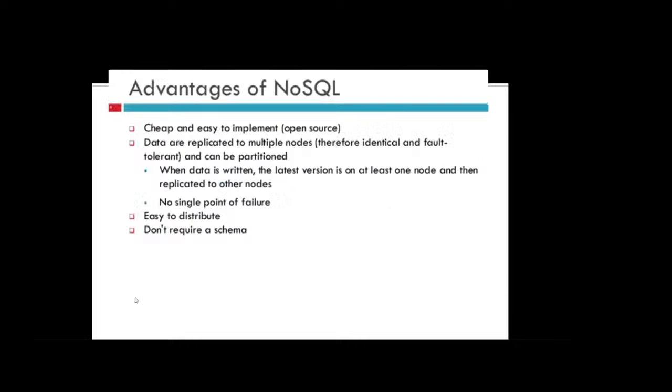So now to the advantages of NoSQL database. It is cheap and easy to implement, and here the data are replicated. That is replicated in the sense that the data is redundant. It is replicated to multiple nodes, therefore identical and fault tolerant, and can be partitioned. So when data is written, the latest version is on at least one node and then replicated to other nodes.